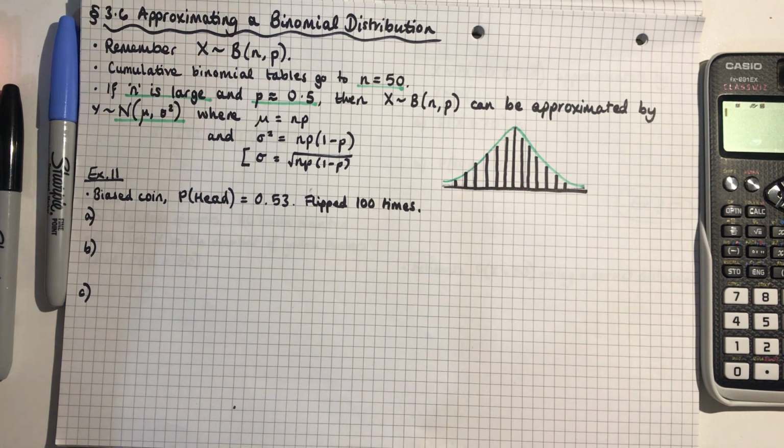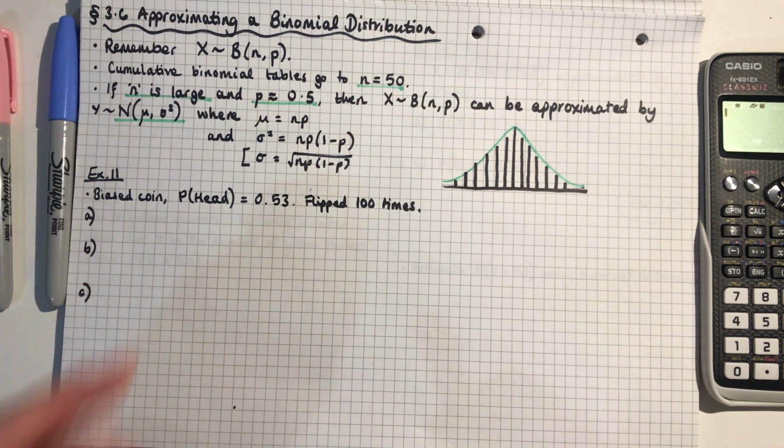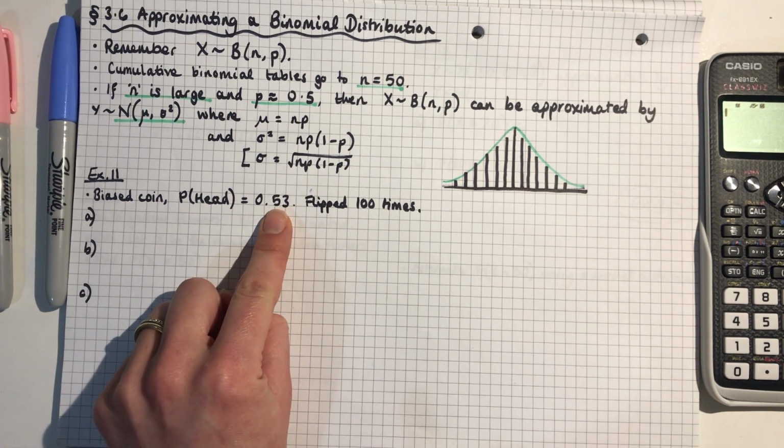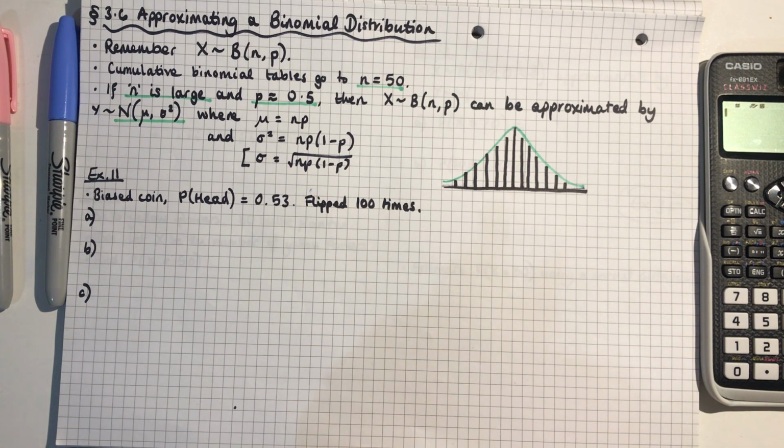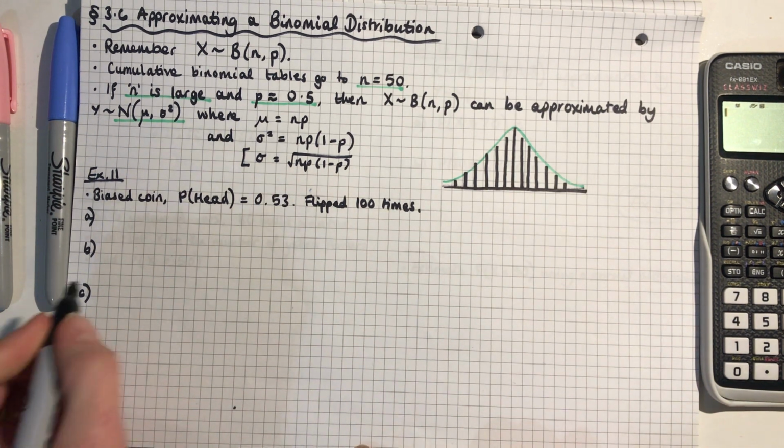So let's have a look at an example here. We are told that we have a biased coin, and on this biased coin, the probability of throwing a head is 0.53. So this coin is flipped 100 times, and we record the number of heads. So let's make a note of that, shall we?